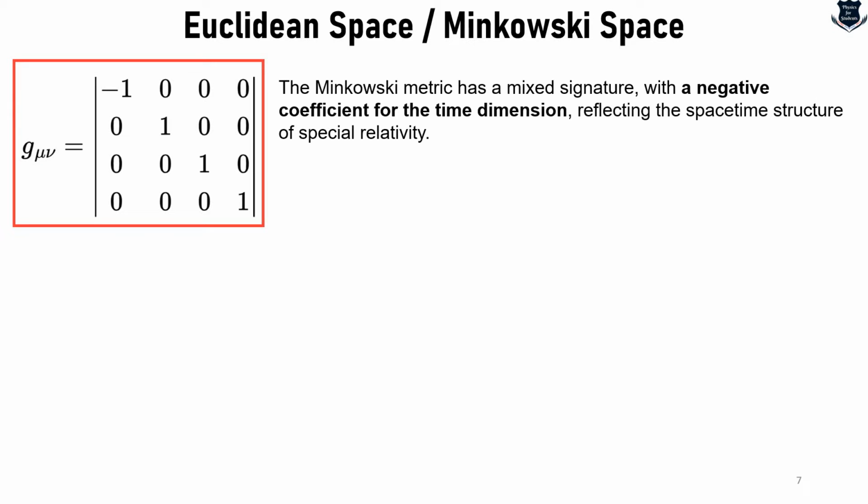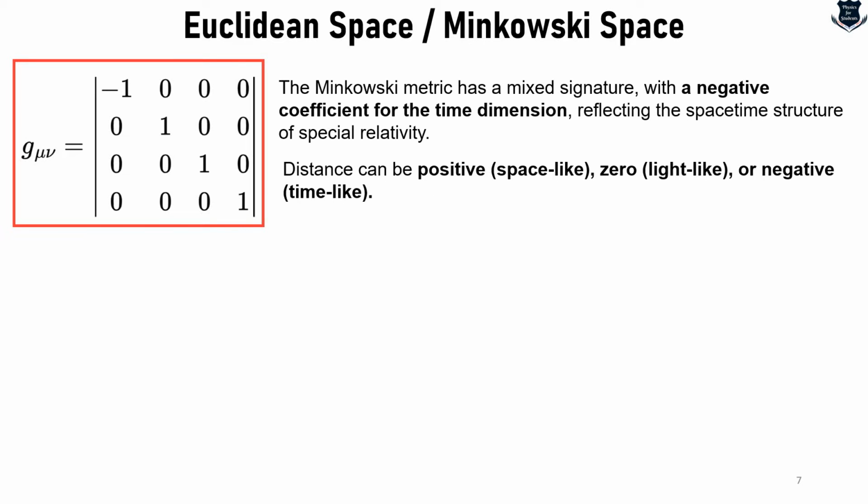It has got a negative coefficient for the time dimension, reflecting the space-time structure of special relativity. So here is something: in Euclidean space the distances were all positive, isn't it? Here distance can be positive, which is called space-like. Distance can be 0, which is called light-like, or negative, which is called time-like.